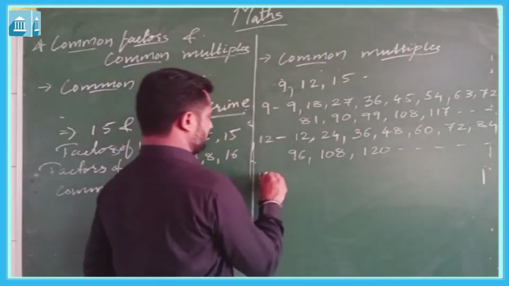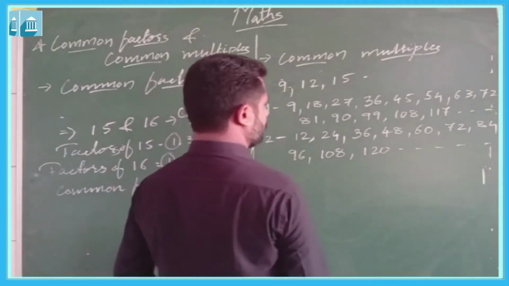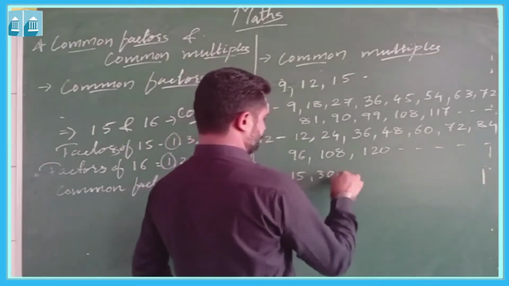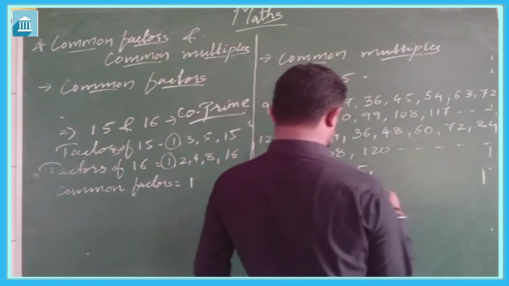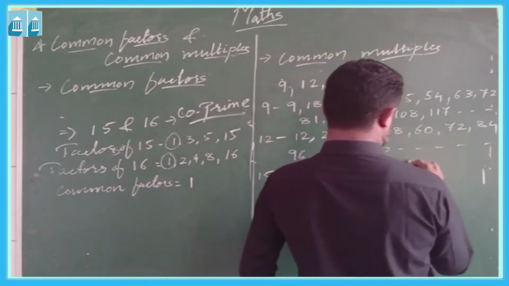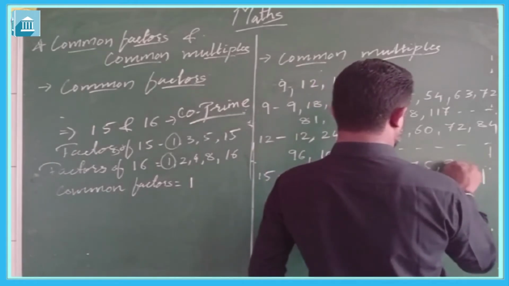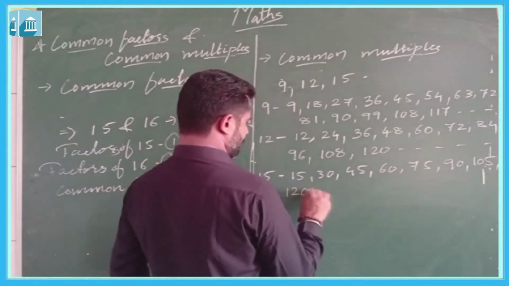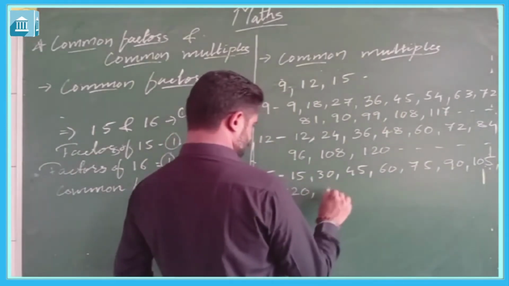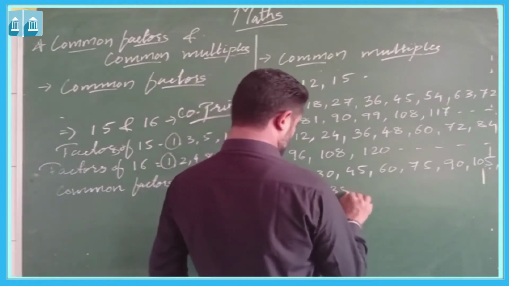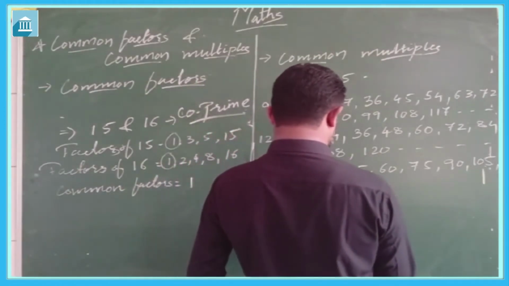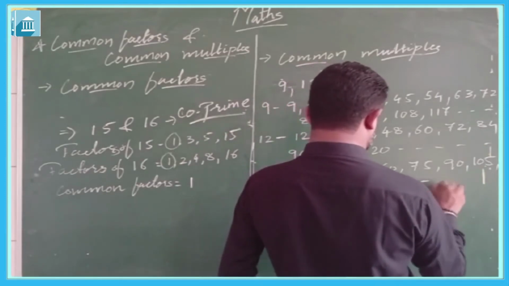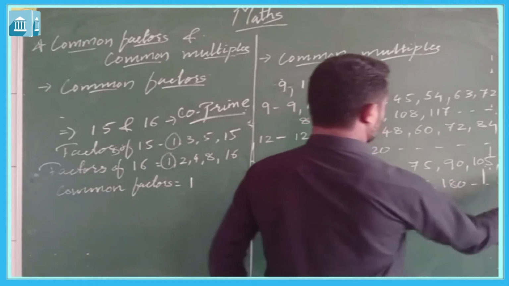In the same way, multiples of 15 are 15, 30, 45, 60, 75, 90, 105, 120, 135, 150, 165, 180, and so on.